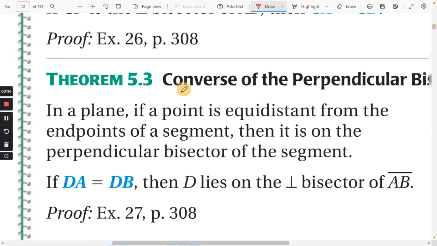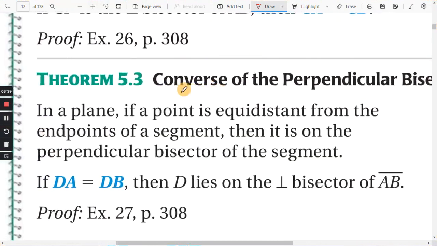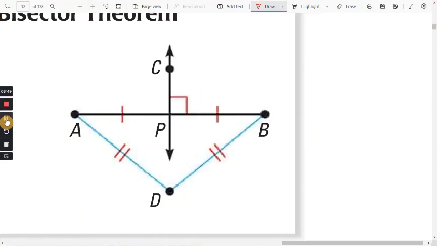Okay, the converse of the perpendicular bisector theorem. In a plane, if a point is equidistant from the endpoints of a segment, then it is on the perpendicular bisector of the segment. Let's take a look. So right here, you can see point D is the same distance to both endpoints. If you go to B and if you go to A, that is going to be the same distance.